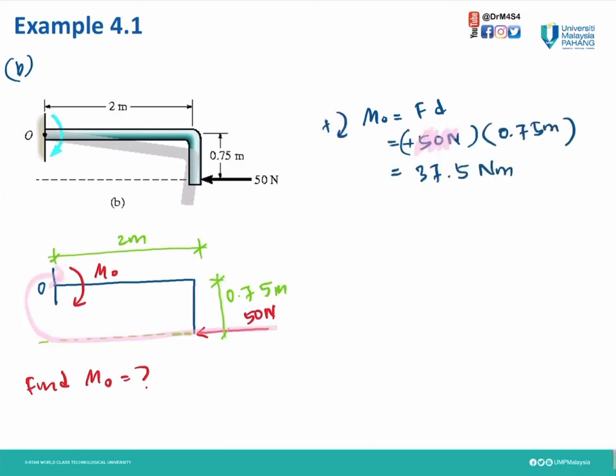Therefore our 50 Newton to get to point O is clockwise, so it will be positive. The perpendicular distance is 0.75. Therefore our moment is 37.5 Newton meter.